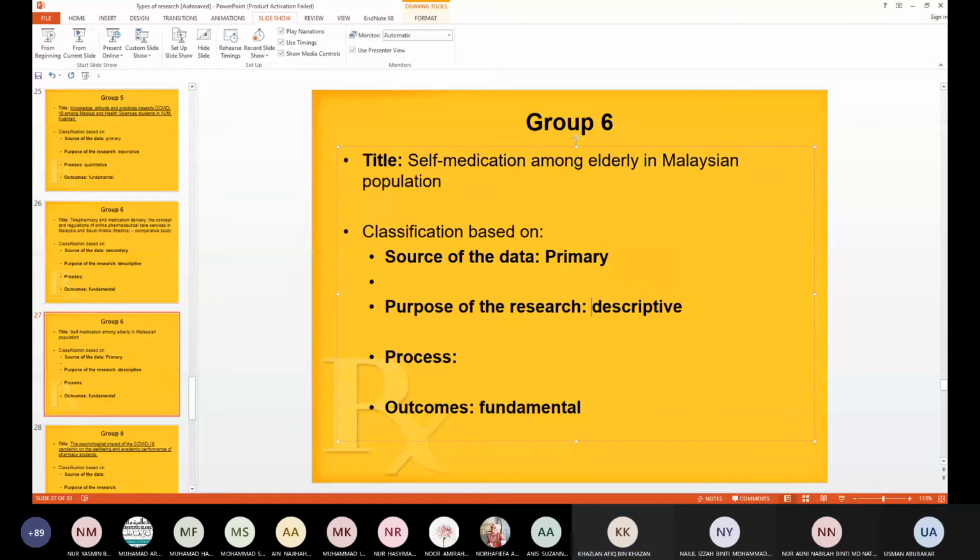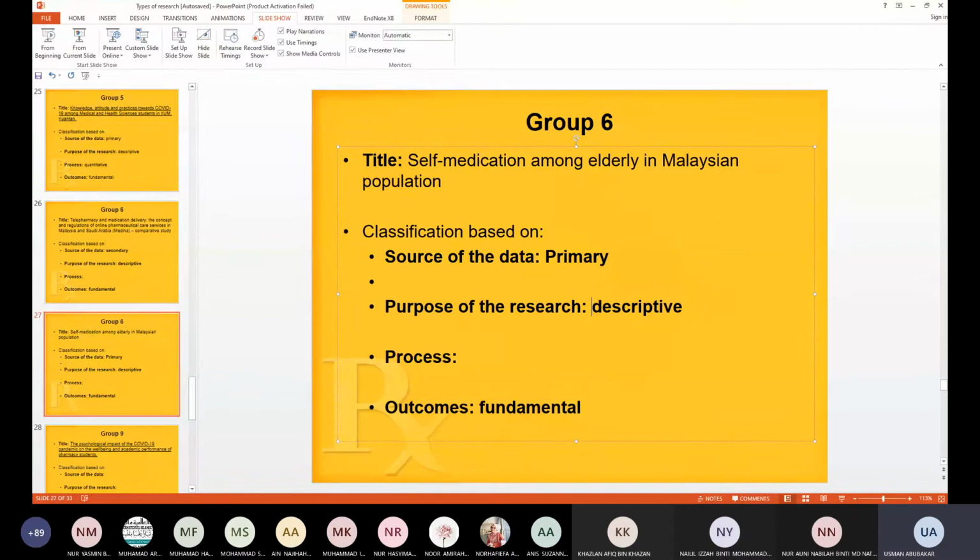Okay, so in that case, I think the purpose of your research is descriptive. Usually, if the process is qualitative, then the purpose may be exploratory or descriptive, depending on the issue. But for your case, based on online surveys, it is most likely descriptive, because self-medication among elderly is not something entirely new.